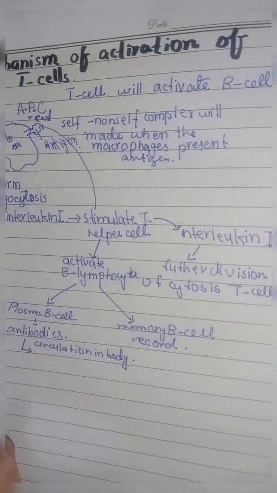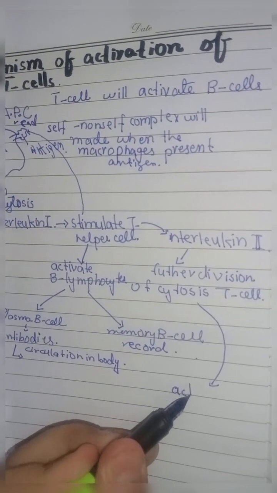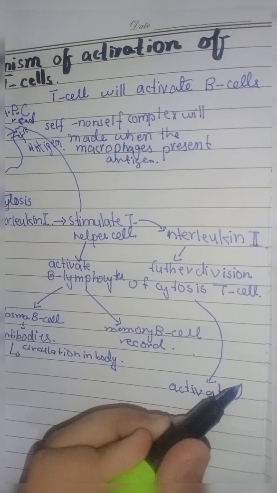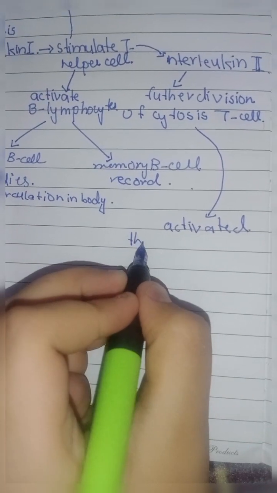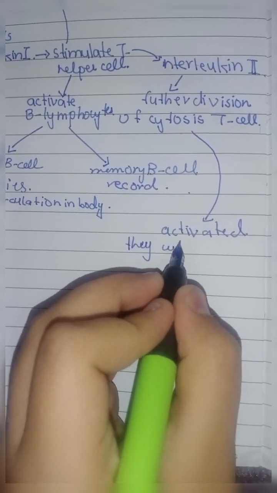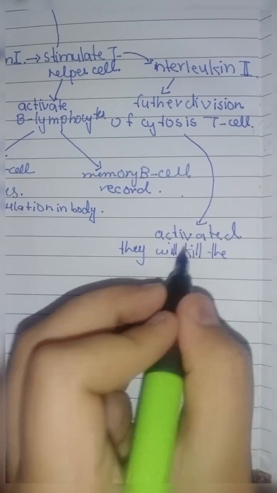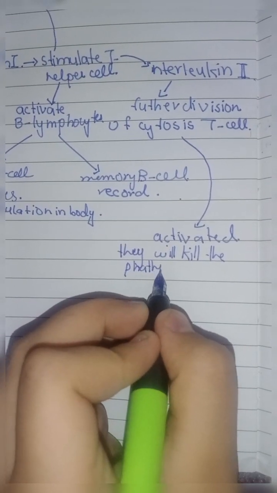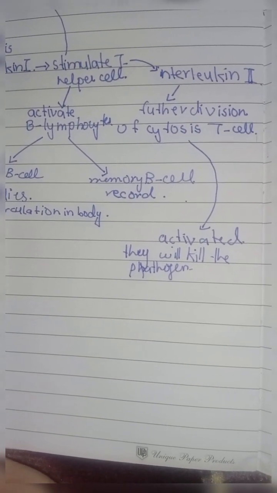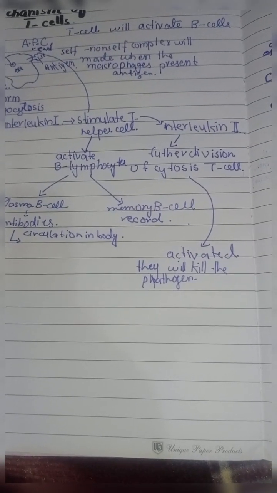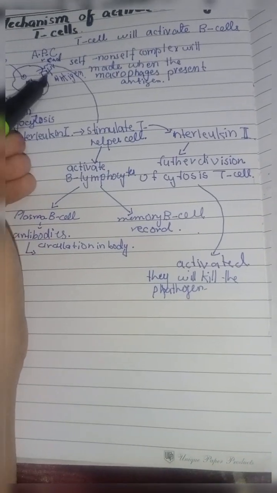Here now see, the cytotoxic T cell is activated. Now they will kill the pathogen. After helper T cells, these cytotoxic T cells will attach to the antigen.